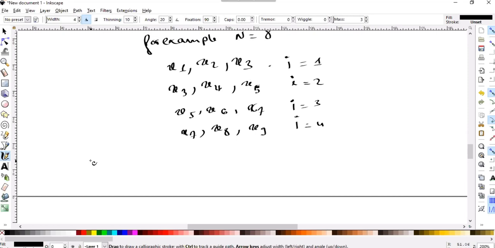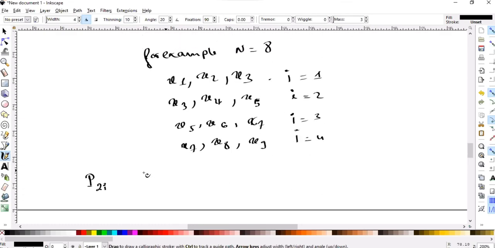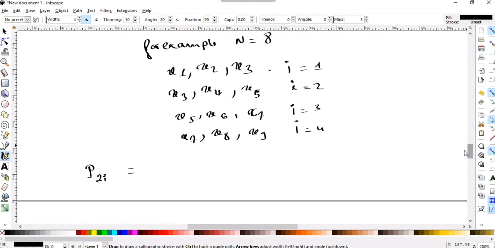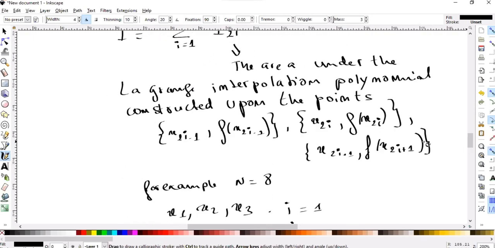I'll call the polynomial P2i, as being the polynomial constructed upon these points. If you remember the expression, it's passing through the points x2i minus 1, x2i, x2i plus 1.